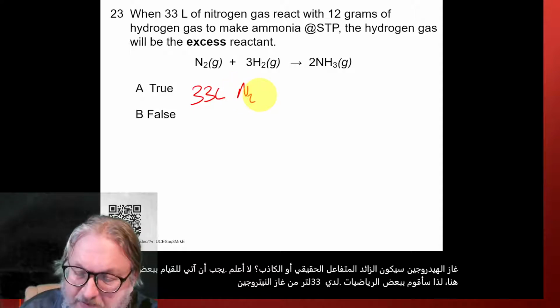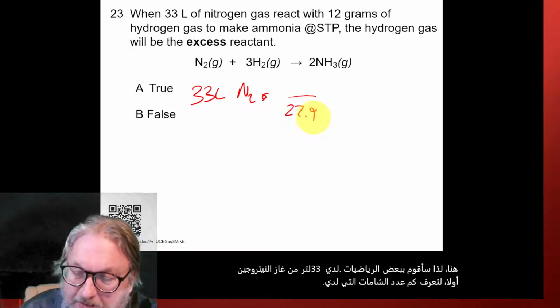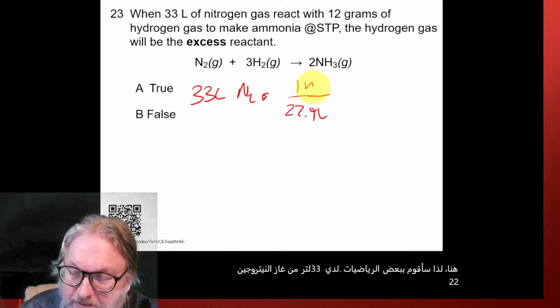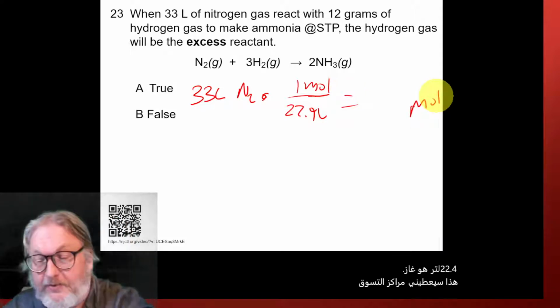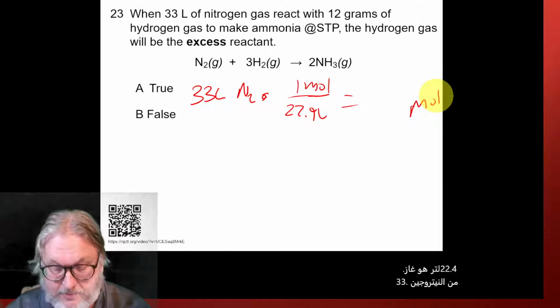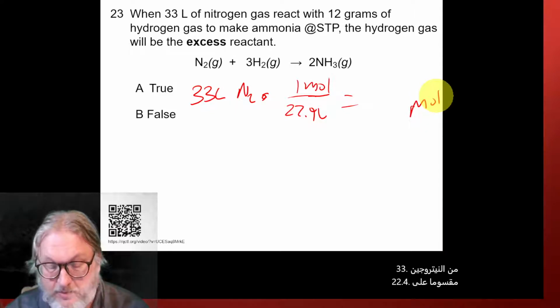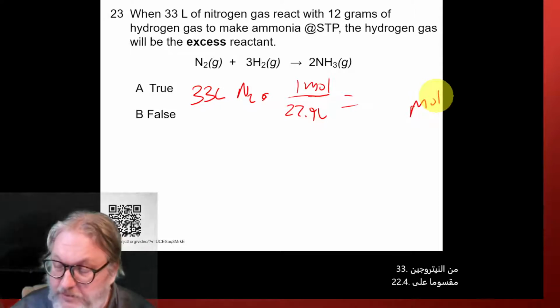First of all, let's find out how many moles I've got. 22.4 liters. It's a gas. That's going to give me moles of nitrogen. 33 divided by 22.4. That's 1.47 moles.